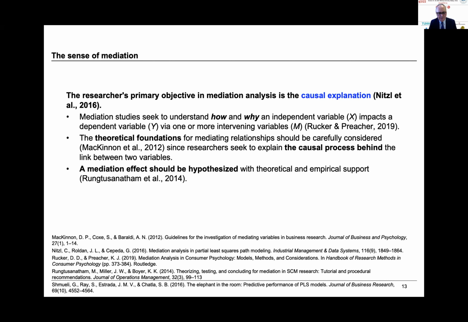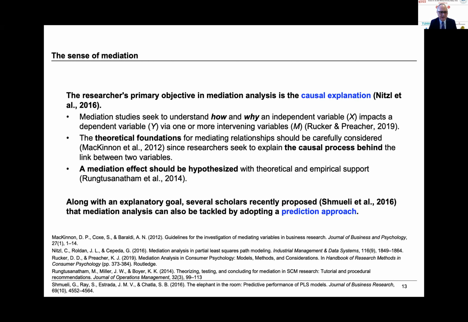That's why a mediation effect should be hypothesized with theoretical and empirical support. On the other hand, along with an explanatory goal, several scholars recently proposed that mediation analysis can also be tackled by adopting a prediction approach.